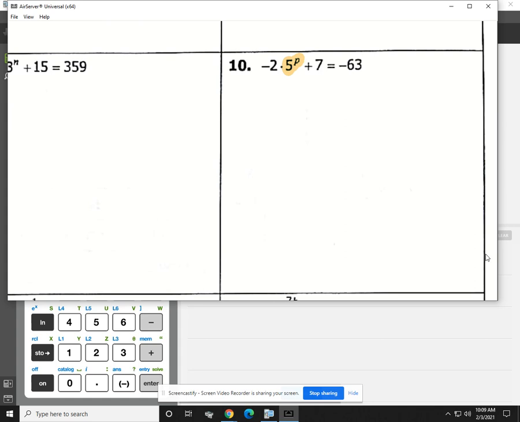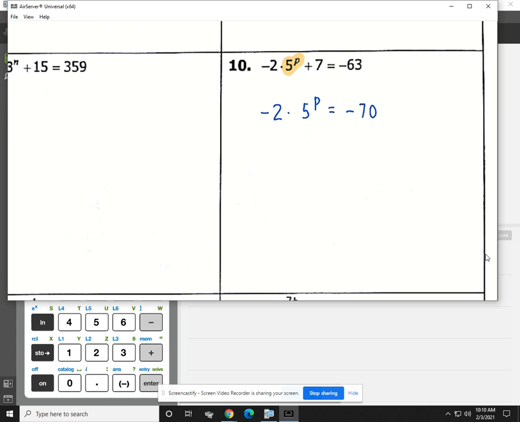You'd have to multiply, and then you would add, because multiplication comes before addition. But when I solve, I've got to reverse the order and do the opposite. So what I have to move first is the 7. And how do you do it? You subtract 7. So negative 2 times 5 to the p power equals, what's negative 63 minus 7?